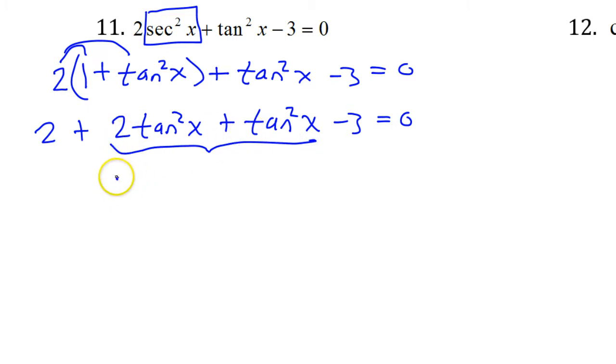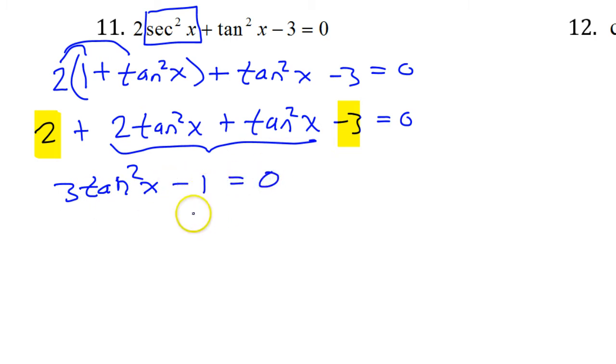So this will be 3 tangent squared x. And then I'm combining these like terms, 2 and negative 3. So of course that will make negative 1. So I have 3 tangent squared x minus 1 is equal to 0. Now adding 1 to both sides, now I have 3 tangent squared x is equal to 1.